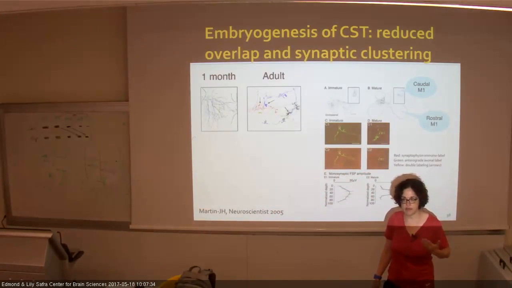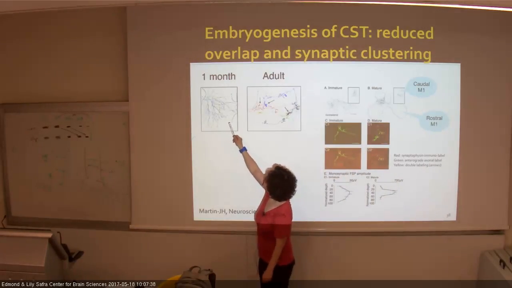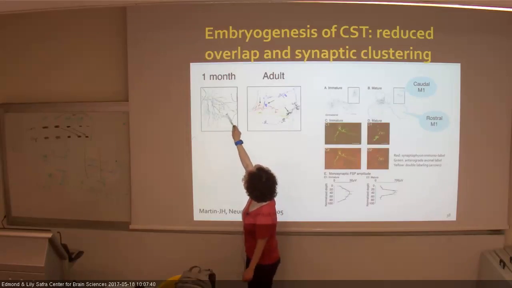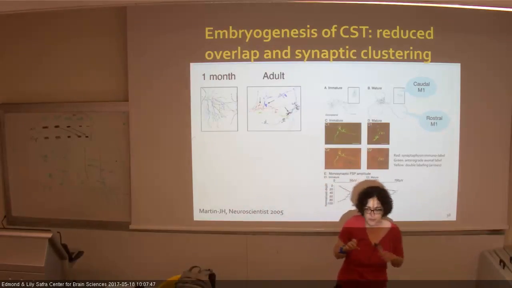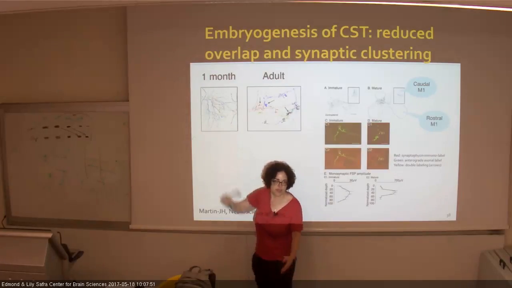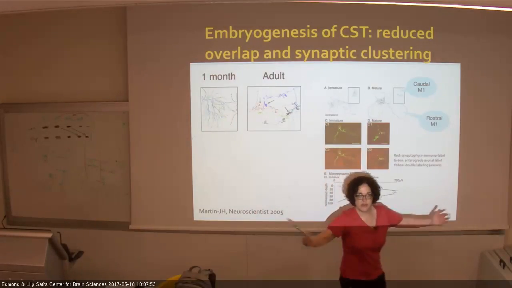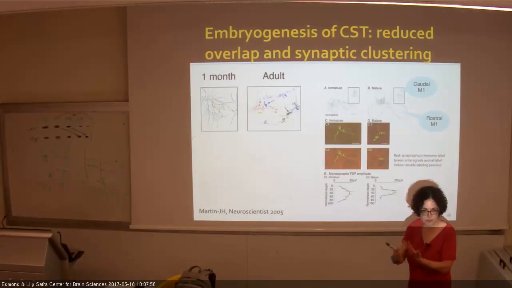The corticospinal pathways evolve after birth. If you look at the cat that is 1 month old, this is what you see here. This is an inset of the spinal gray matter, and you can see 3 different corticospinal fibers. And you see that they have a very extensive arborization field, which overlaps.